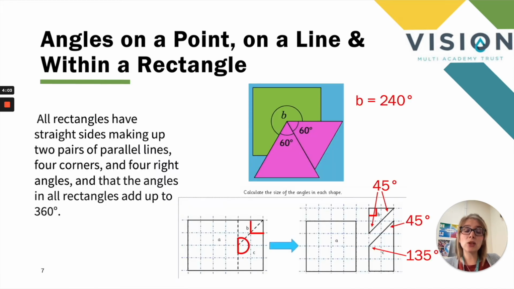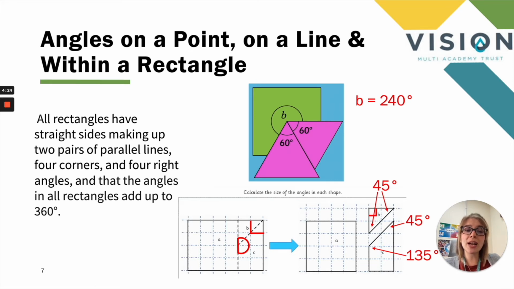Now again, looking at further shapes, we know that all rectangles have straight sides making up 2 pairs of parallel lines. We know they've got 4 corners, 4 right angles, and that the angles in all rectangles add up to 360. And we need to remember and use that knowledge when working it out. So let's start off by looking at the shape at the top.